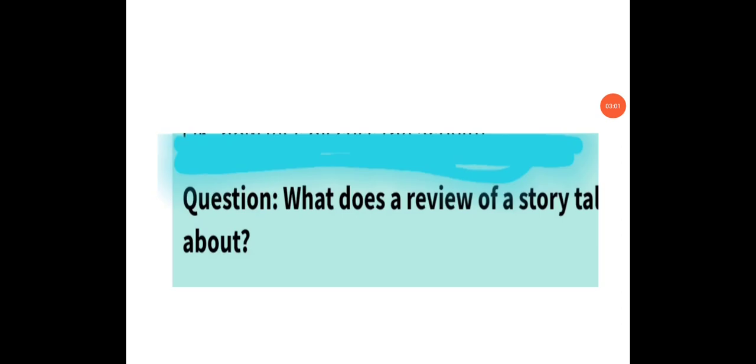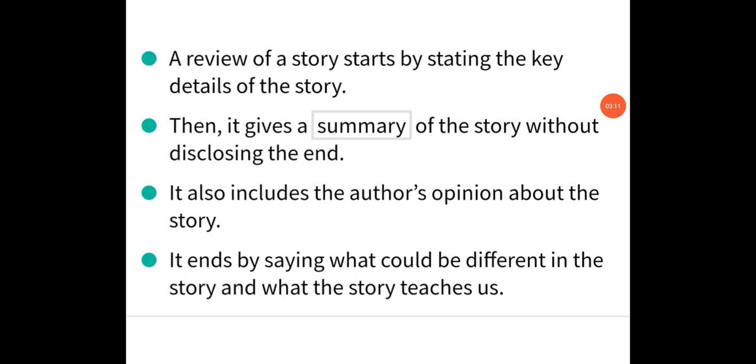Next one, tell me, what does a review of the story tell about? Let's discuss. A review of the story starts by stating the key details of the story. Next, it gives a summary of the story without disclosing the end.